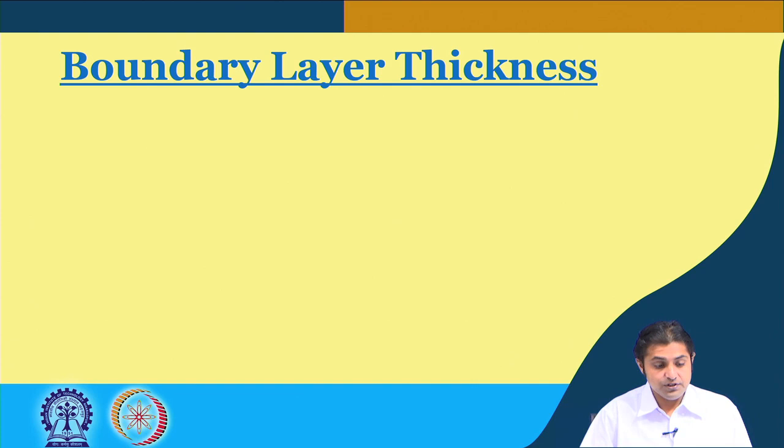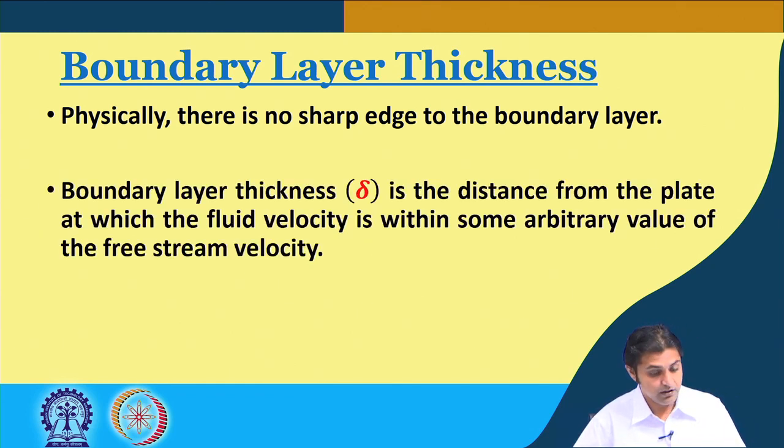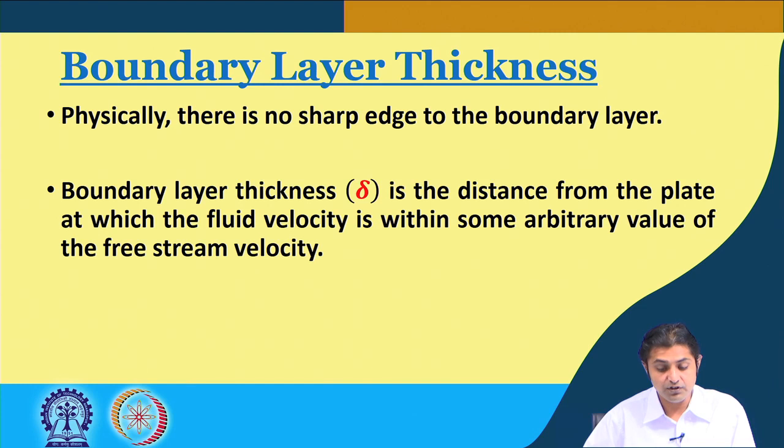Now, we are going to see what the boundary layer thickness is. In real sense, physically there is no sharp edge to the boundary layer. The boundary layer thickness is the distance from the plate at which the fluid velocity is within some arbitrary value of the free stream velocity.